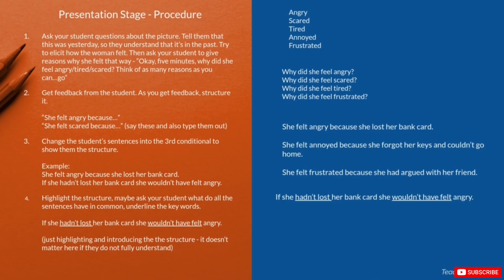Forget, remember. If she had remembered her keys, she could have gone straight home. If she hadn't lost her bank card, she wouldn't have felt angry. If she had remembered her keys, she could have gone straight home.